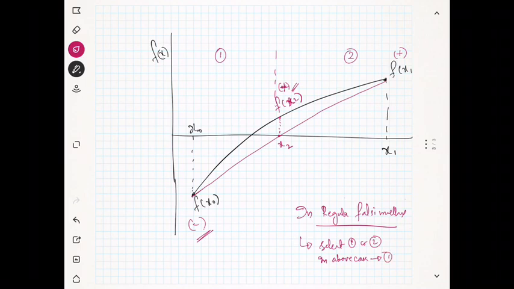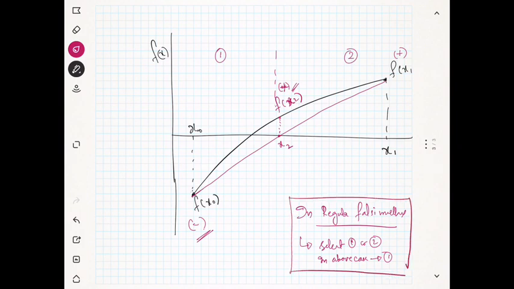But there is nothing like that in the secant method. So in the secant method you will not be caring about the interval, which interval you have to select.